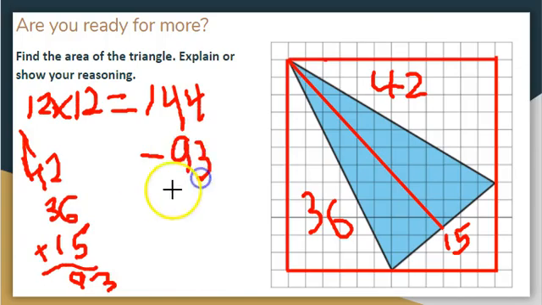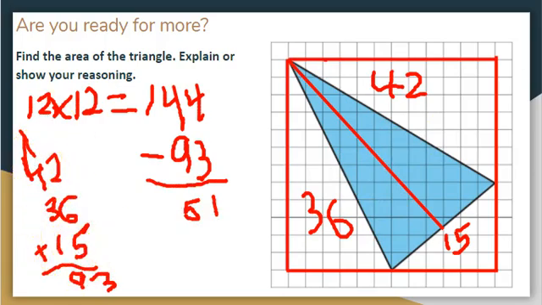If I subtract 93, then I should have just the area of this triangle, right? 51 square units. And to me, that makes sense because it is larger than any of the three side parts. So it should be larger in total or in part than any one of those parts.